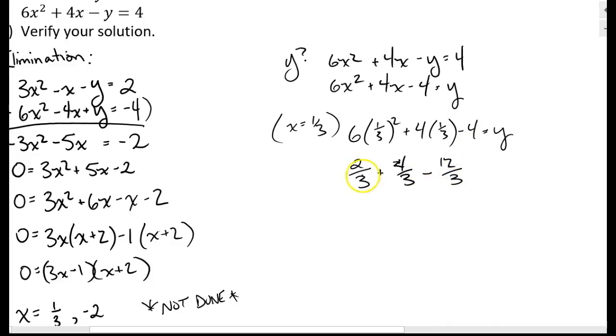Okay, and I want to get common denominators for adding and subtracting purposes. That's why I've converted 4 to 12/3. From here, 6 minus 12 is going to be -6/3 or -2. Okay, so that means my coordinate is 1/3, not negative a third, just a third, and -2.